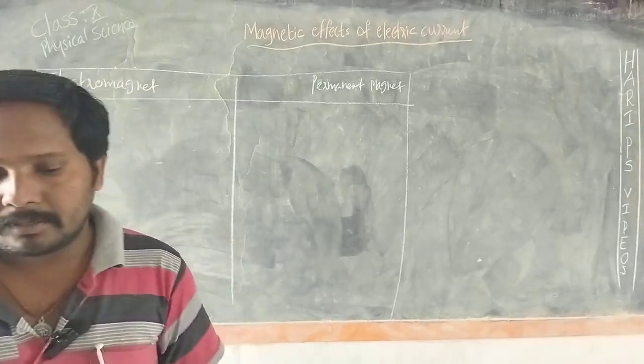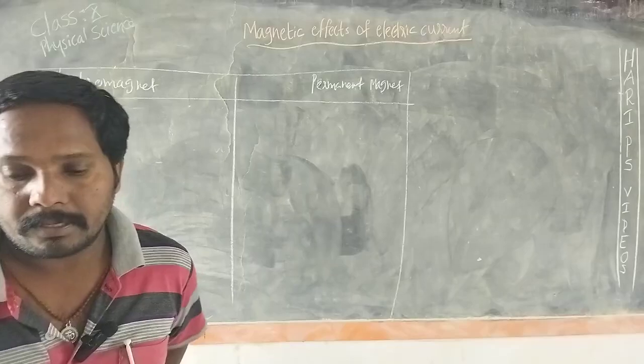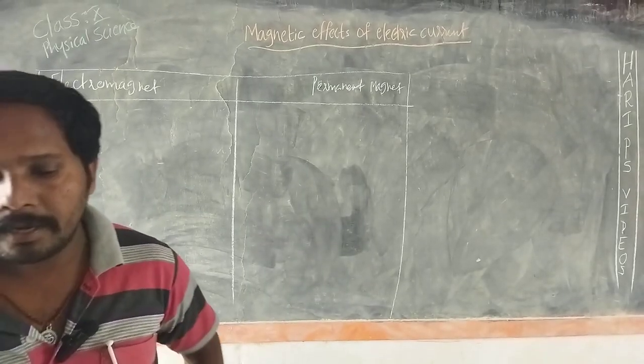An electromagnet is made from the combination of a solenoid and soft iron.